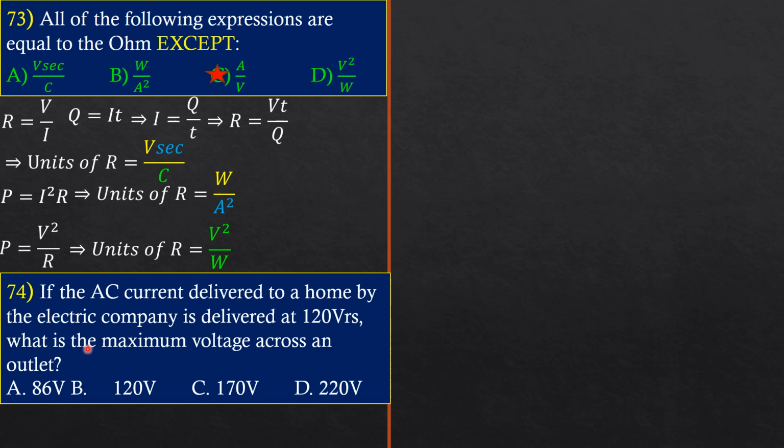So guys, let's recall that the maximum voltage, V max, is given as the root mean square voltage times the square root of 2. If we simplify, the root mean square voltage is 120. Multiplying it by root 2 gives us our answer to be 169.7. Bringing it to the nearest whole number, we have 170 volts. Great. So option C is the best option.